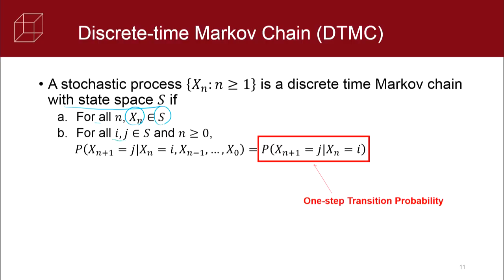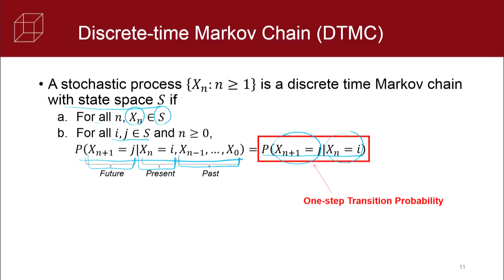And for i and j in the state space, this conditional probability, this is the past, this is the present, and this is the future, is equal to this. The future only depends on the present.